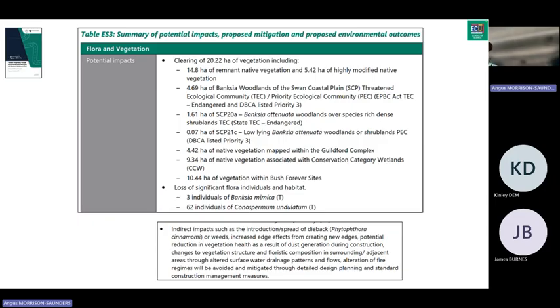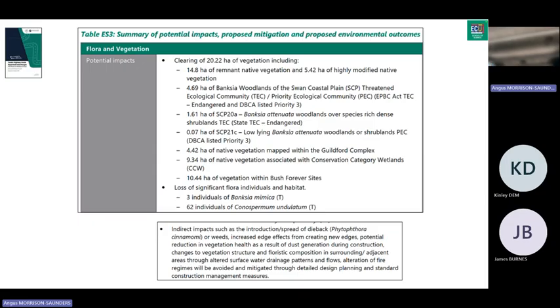So they actually talked about the potential impacts as the clearing of 20.22 hectares of habitat. And you can see they then broke that 20 hectares into the constituent parts of the different floral composition. So there's remnant native flora, and there's 4.69 hectares of Banksia woodlands, and that's a threatened ecological community, so it's got particularly high value because it's threatened, and so on and so forth.